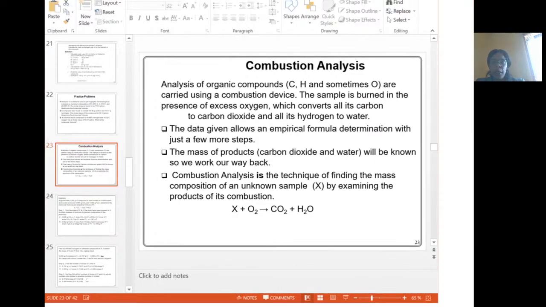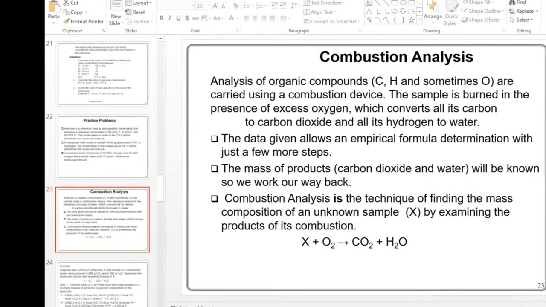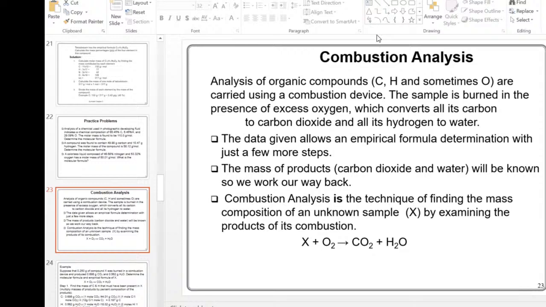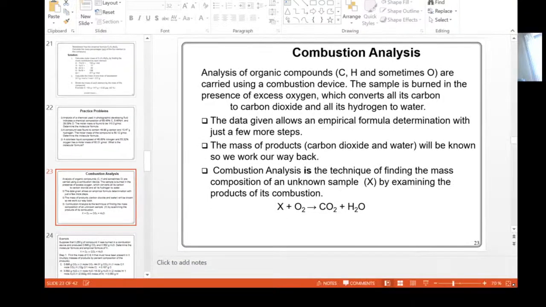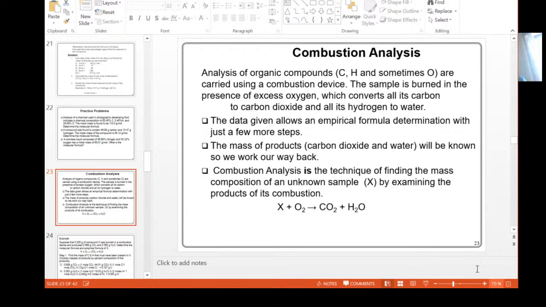Okay, so in the morning we looked at relative atomic mass, relative molecular mass, and relative formula masses, their definitions, and how you calculate them. You also looked at empirical formula and molecular formula.